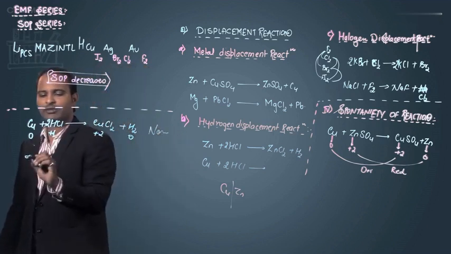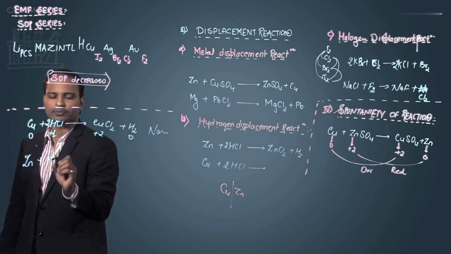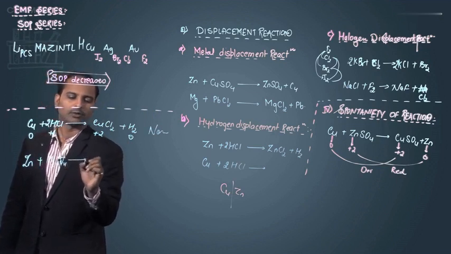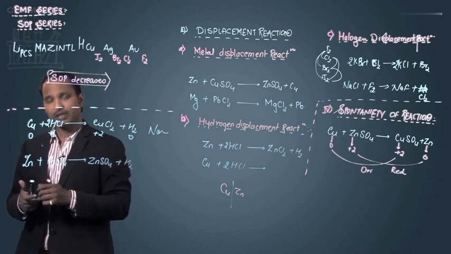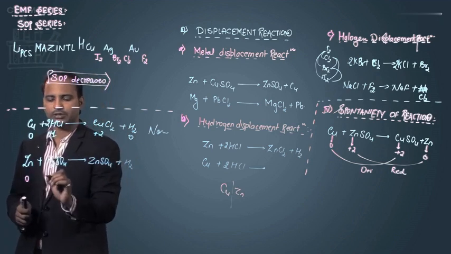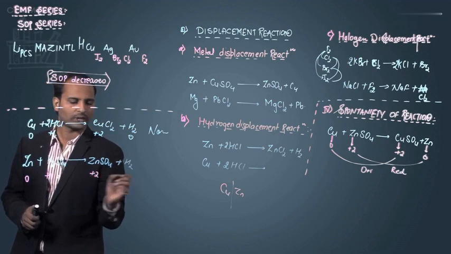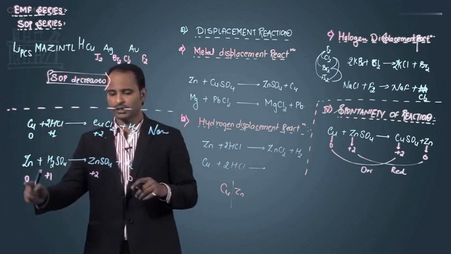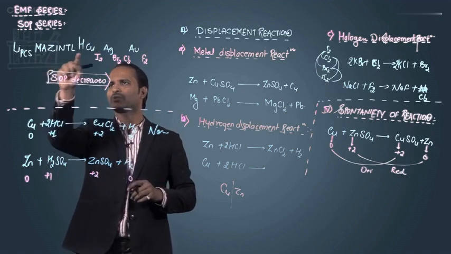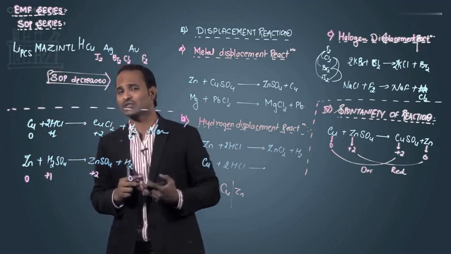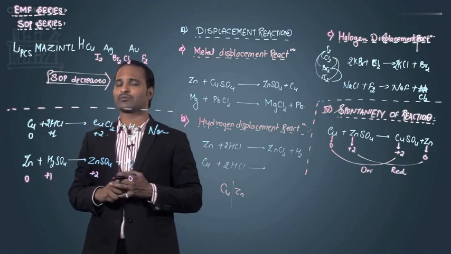non-spontaneous. If I have a reaction like zinc plus H2SO4 produces zinc sulfate plus H2, I want to know whether the process is spontaneous or not. The oxidation numbers are 0, +2 and 0. In this case zinc oxidizes and hydrogen is reduced. The SOP value of zinc is more, so zinc should oxidize and hydrogen will reduce.